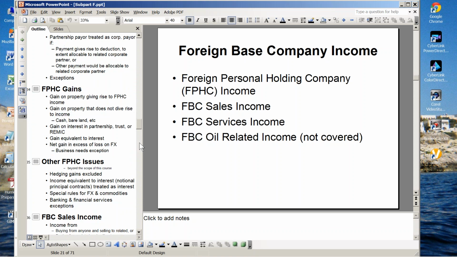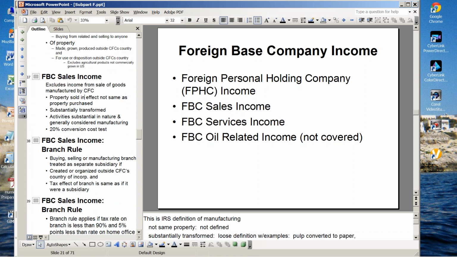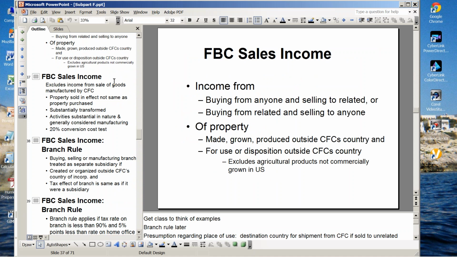Let's get to that point. So let's start in with foreign-based company sales income.